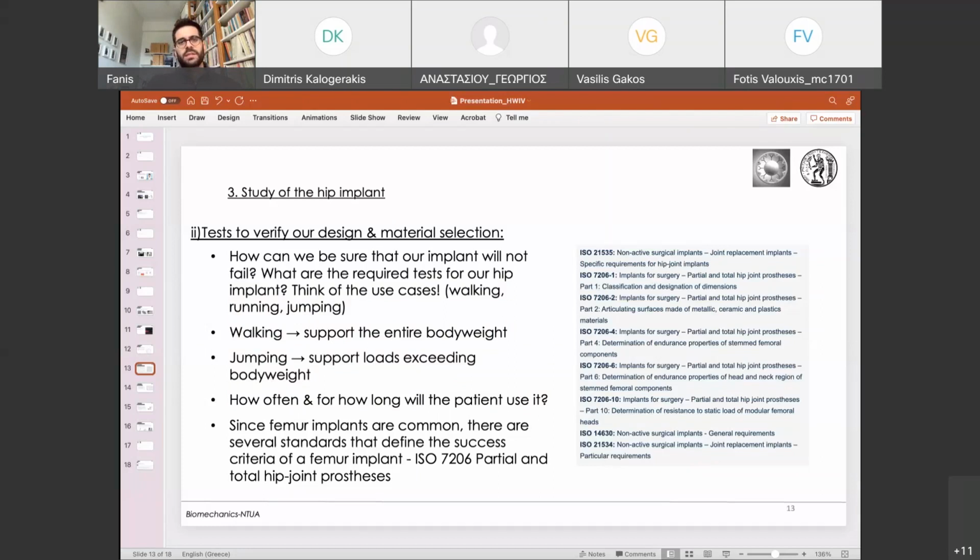In such cases, it's a very good idea to follow very well-known standards, because they feel comfortable that your design will not fail. So have it in mind. On the one hand, you don't need to think and design everything from scratch. On the other, it's much easier to get the CE mark for your implant and have it on the market.